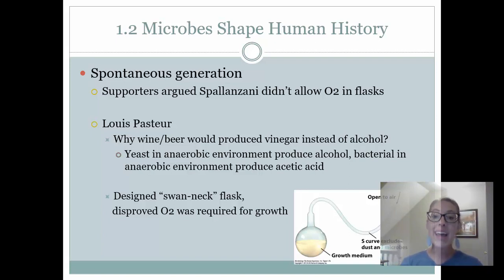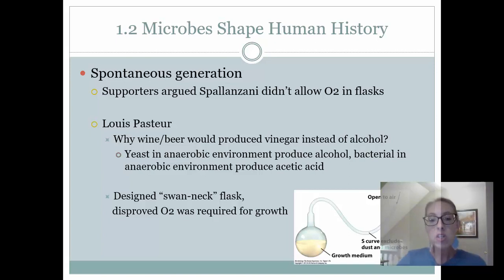So when we have bacterial contamination of the vats, we end up with a soured drink, a vinegar drink that nobody wants to consume because it doesn't taste good. So Louis Pasteur was in the midst of trying to understand why we had this souring. We now know that it was bacterial contamination, but that's his whole purpose in designing this swan-necked flask.